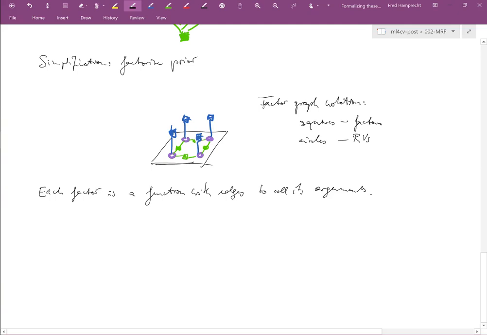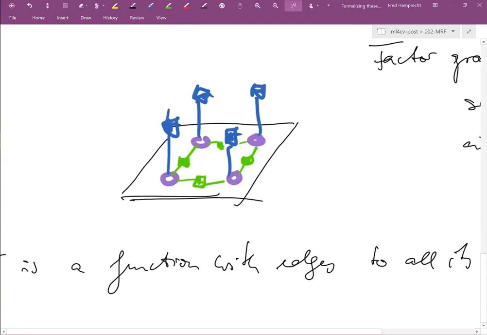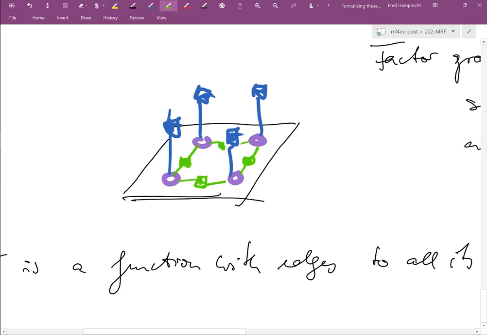And you see that, at least if I draw this cleanly, random variables are always only connected to factors, but not to other random variables, and vice versa. Factors are only connected to random variables, but not to other factors.